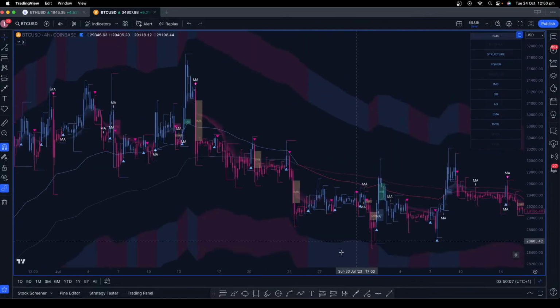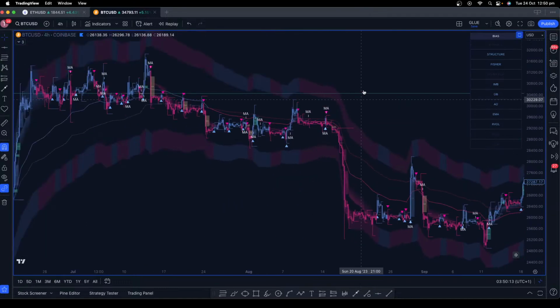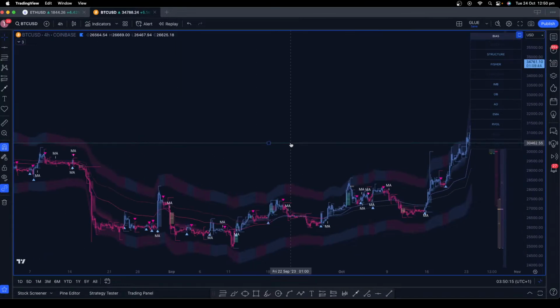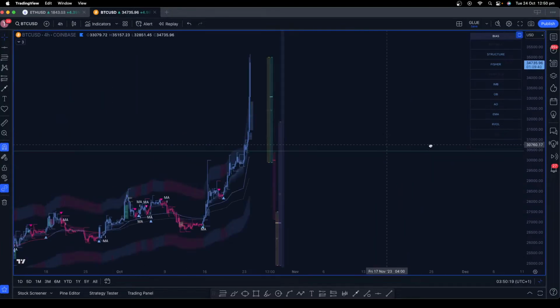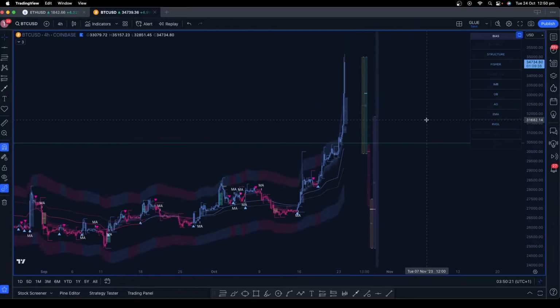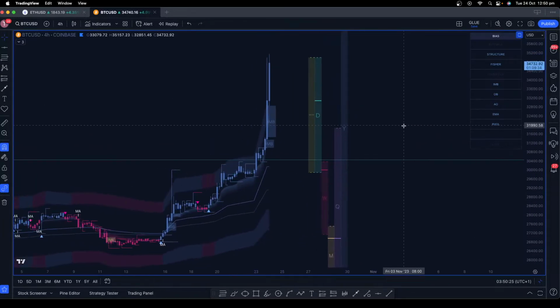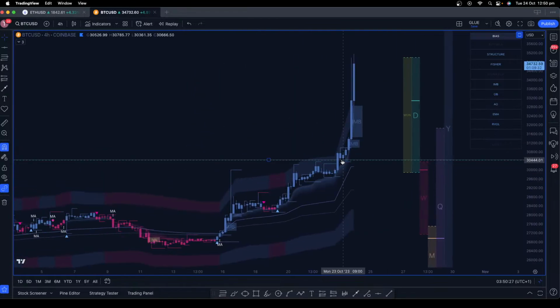Right here. This is where those shorts stepped into the market. Now, this was the level I mentioned. It was 30.045. And I said, the reaction at that level will be important. Look at the hold at that level. When you see price get above and then hold at a significant area like that, we're likely going to go higher.